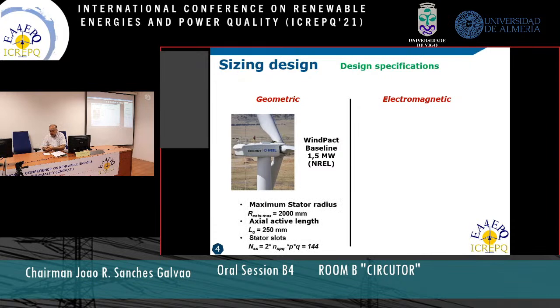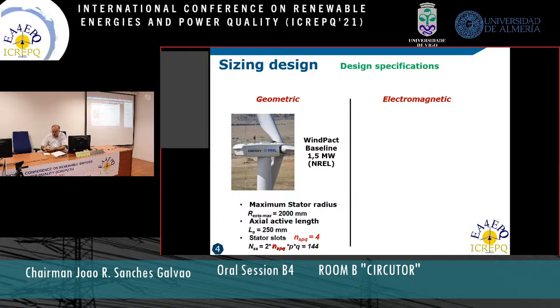Three basic geometric parameters come with this wind turbine: a maximum stator radius that should not exceed 2 meters, an active length fixed to 0.25 meter, and a number of stator slots that is calculated based on this coefficient. This coefficient, fixed to 4, is what we call the number of slots per phase and per pole.